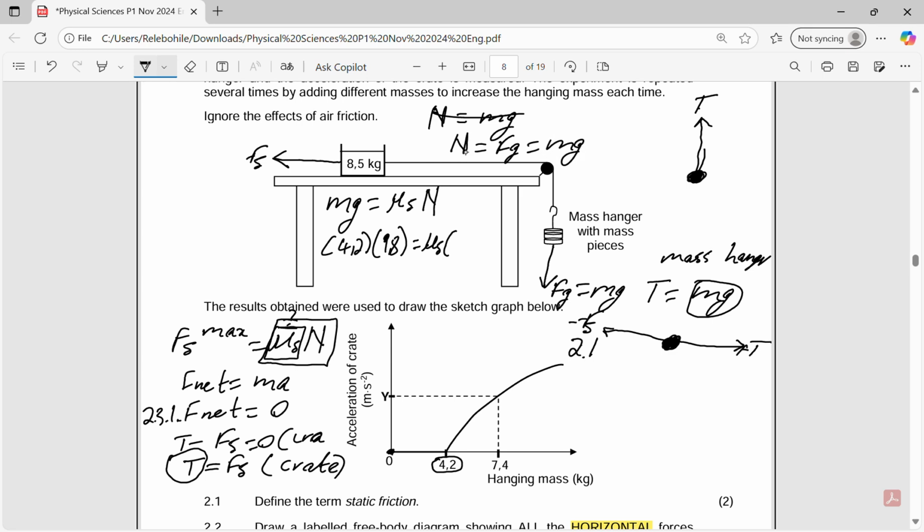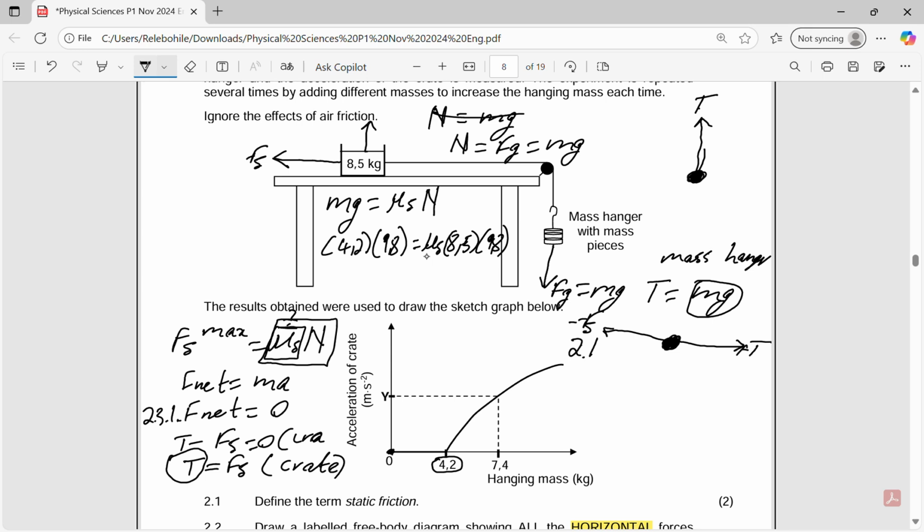So where I see normal force, I'm substituting the mass of the crate, and it makes sense because normal force has to be perpendicular to the surface, right? Our crate, since it's on top of this table, means the normal force will be perpendicular to the surface. So the mass of our crate is 8,5, and we'll multiply by 9,8.